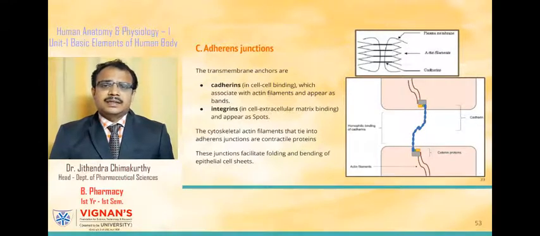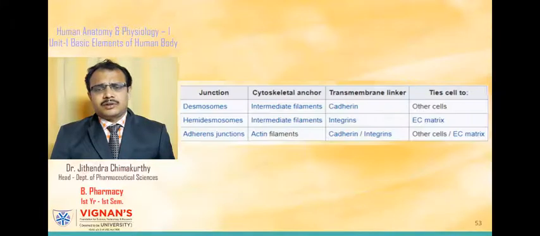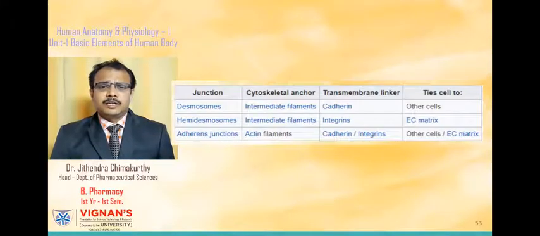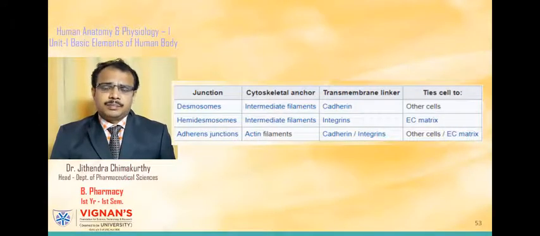Once again, the cadherins occur in anchoring junctions when cell-cell binding occurs, whereas the integrins are found when the cells are to be bound with an extracellular matrix. And this sort of anchoring junction gives the characteristic folding and bending nature of an epithelial membrane.